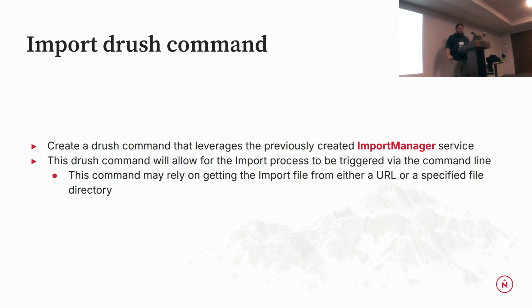I have instances where some process puts a file in a certain directory, I grab it with my drush command and then I run my process there. So it'll still use the import service. Regardless of if it's coming from the form or from my drush command, the import manager is still doing all the work for me. And that's why it's really handy, because instead of having some functionality for the form and some functionality for the drush command, why not just use one source, right? Keep it the same.